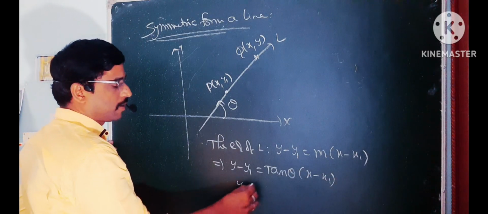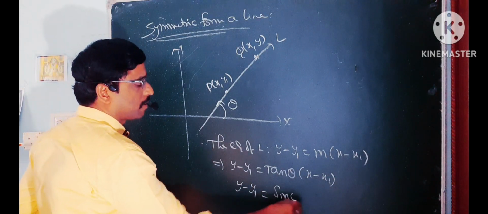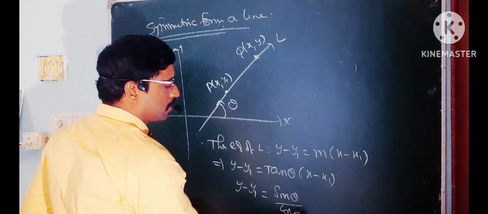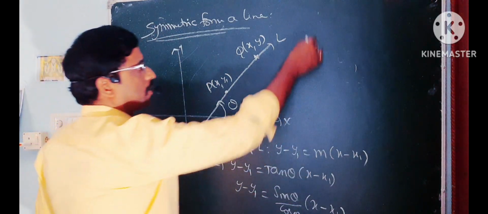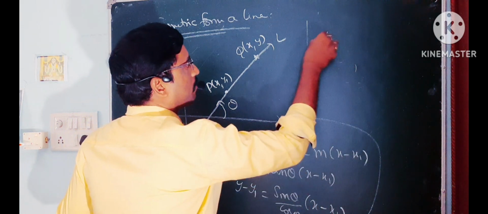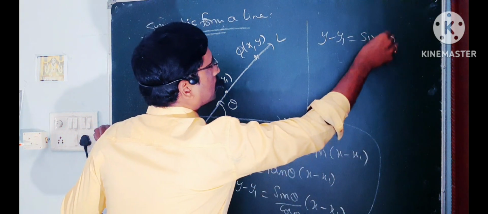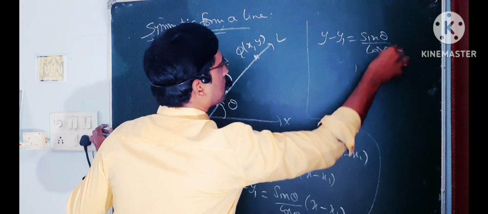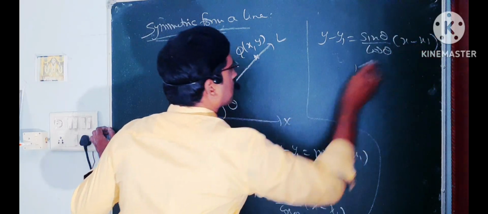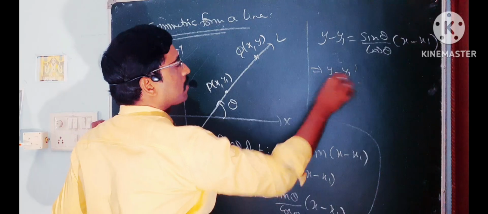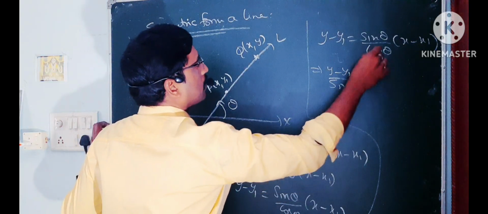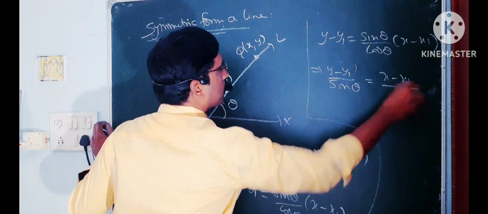Tan theta is sin theta by cos theta, so y minus y1 is equal to sin theta by cos theta into (x minus x1). Sending sin theta to the left side, what do we get? (y minus y1) by sin theta is equal to (x minus x1) by cos theta.